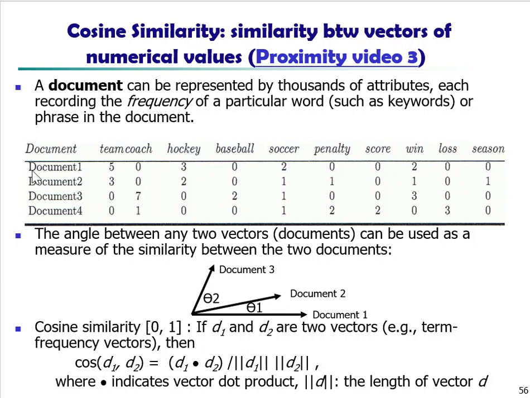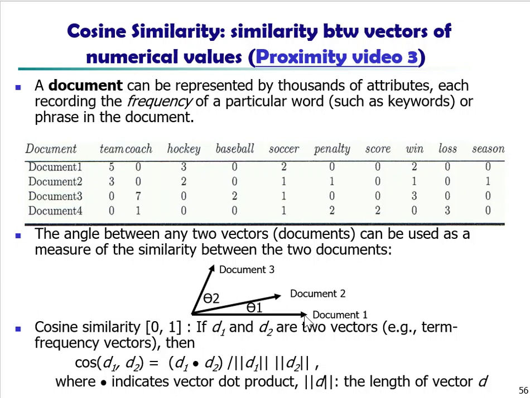What we observe is, once a document is represented as a vector, if we imagine a multi-dimensional space, every term here holds one dimension. So one term represents one dimension, and we will be able to project or draw this vector in a multi-dimensional space like this.